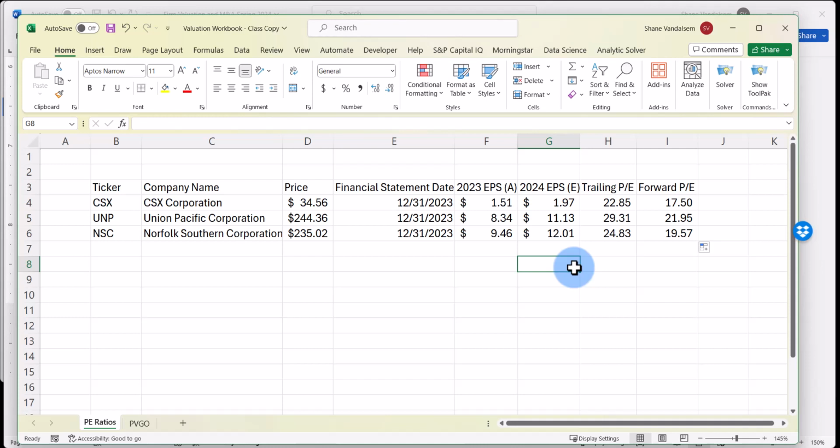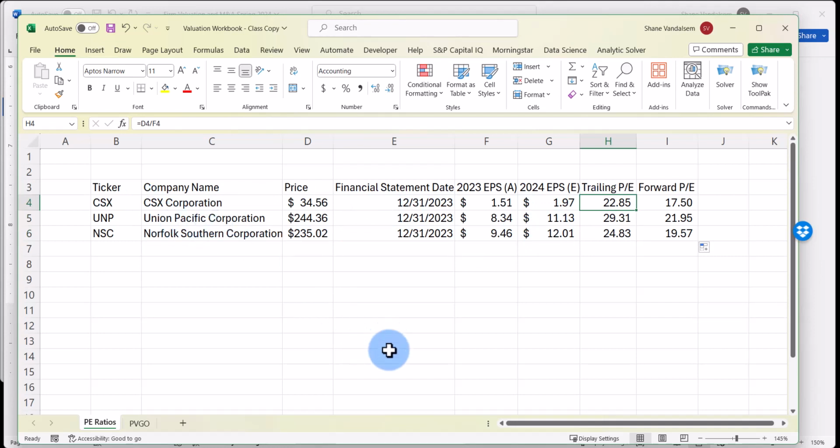So the higher the PE ratio, the higher the expectations that investors have about that company going forward. Of these three companies, investors have the highest expectations for Union Pacific, the second highest for Norfolk Southern, and the third highest for CSX Corp.